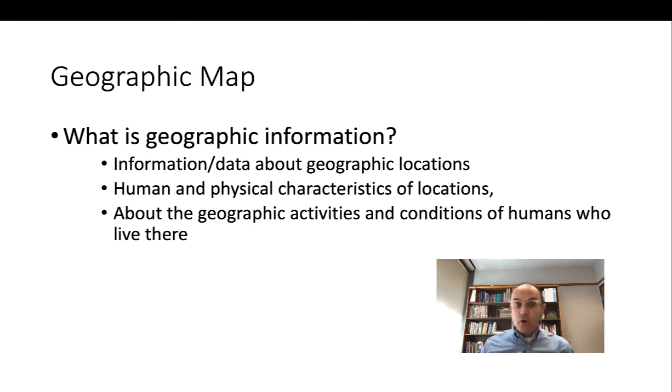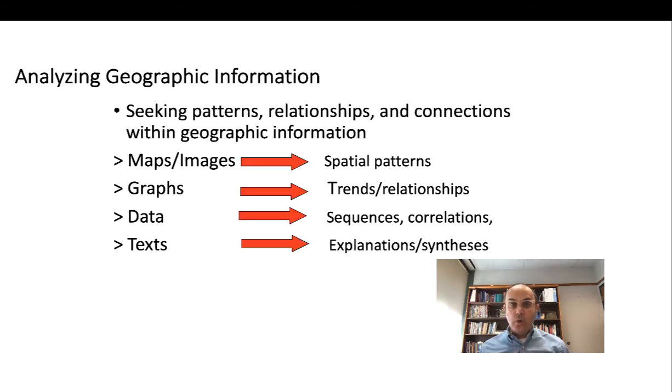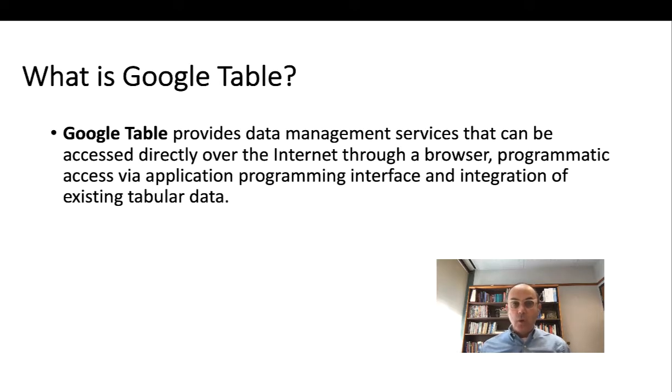So the geographical map basically works the same way as we are going to lay out the visualization that we're going to create. So the maps and image has patterns, as we're going to see, the graph tends relationship, and the data and the text might help us to do correlation or sequences to synchronize and to give us more directions towards.